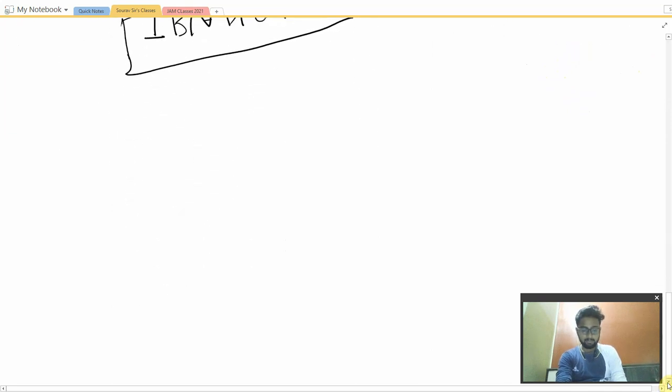So the next question is one of my favorite sums. I have already given that to GATE 2021, and this one appeared in that paper. So question number 3 says that in a company there are employees.